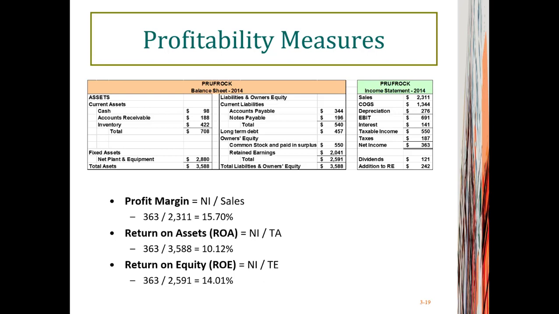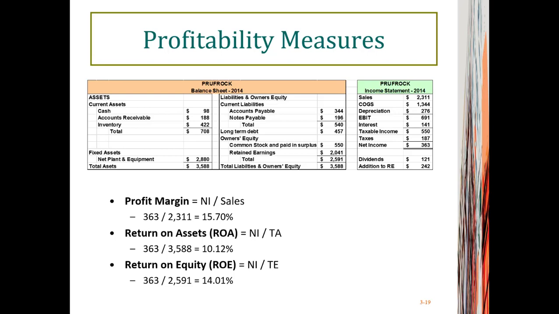Here you see, okay, this company generated $363 million of net income in year 2014. Well, is that good or not? Based on that single number, you cannot say anything.